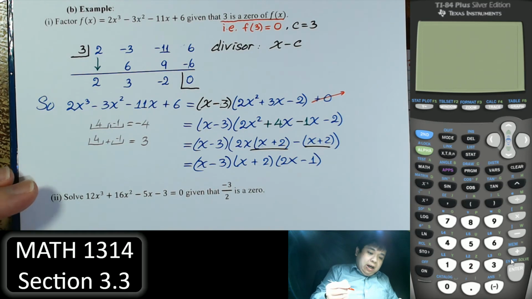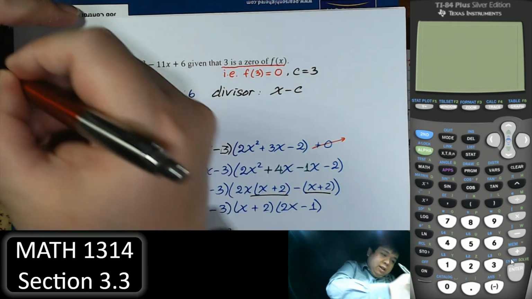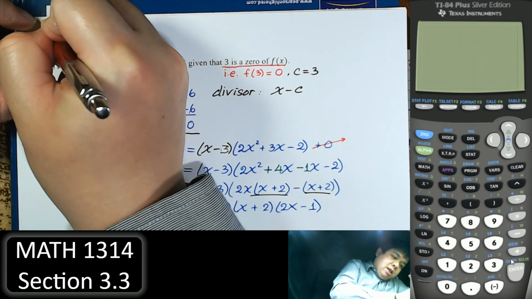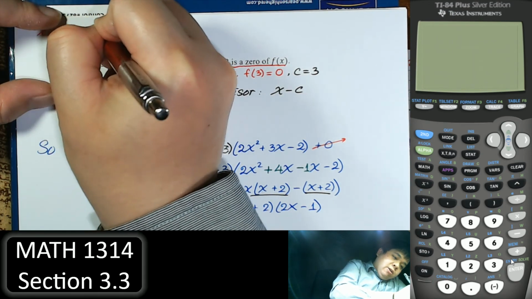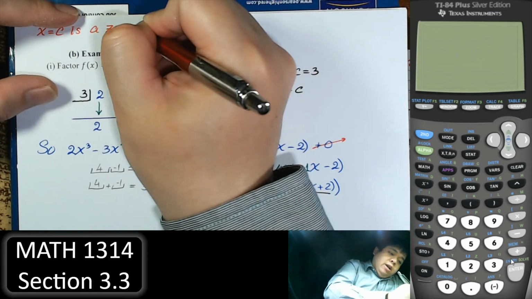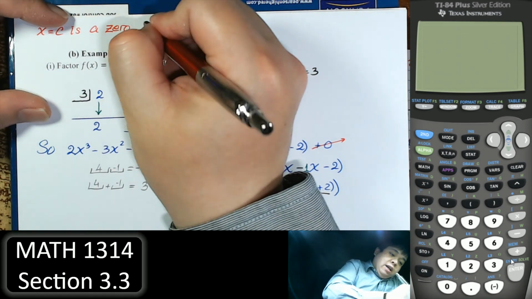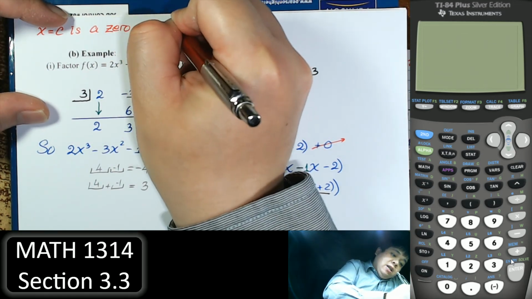So those are equivalent. I'm going to write here. So if c is a 0, that's the first thing, it will be equivalent to the next one, x minus c is a factor.